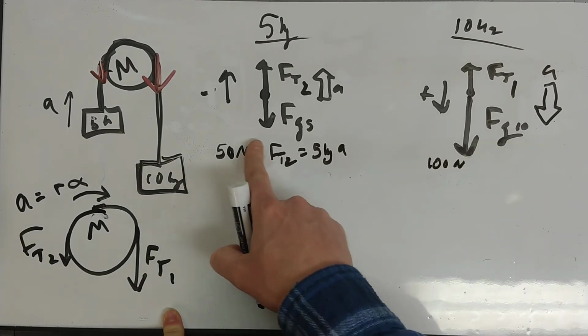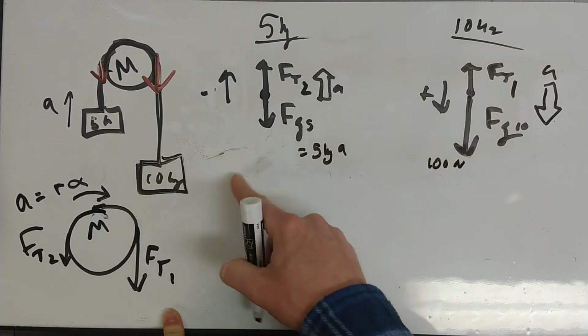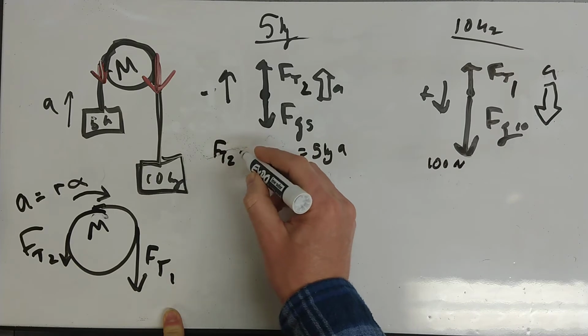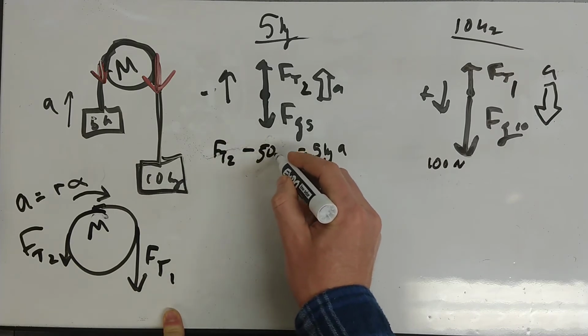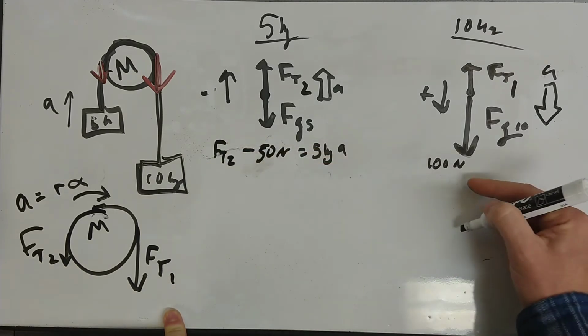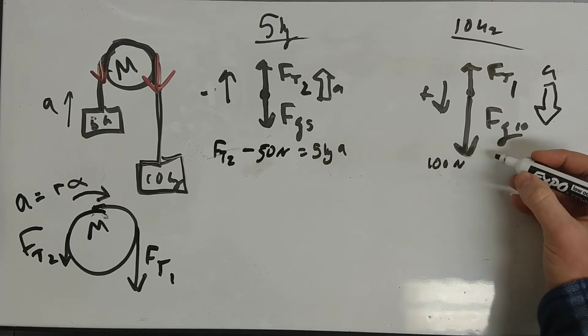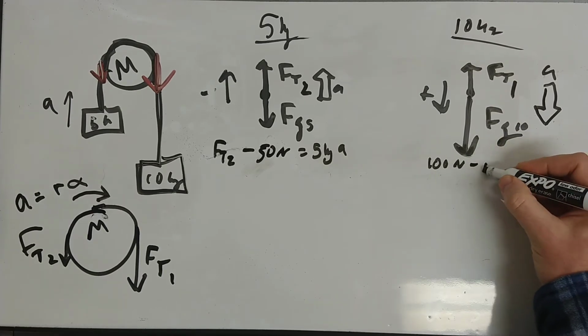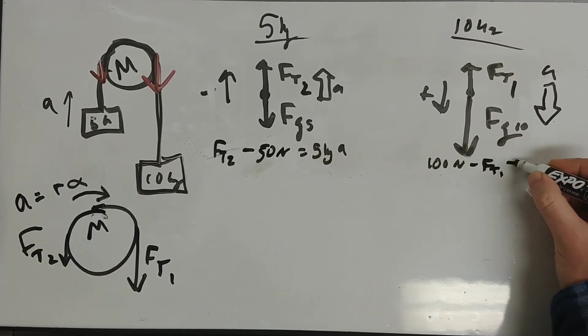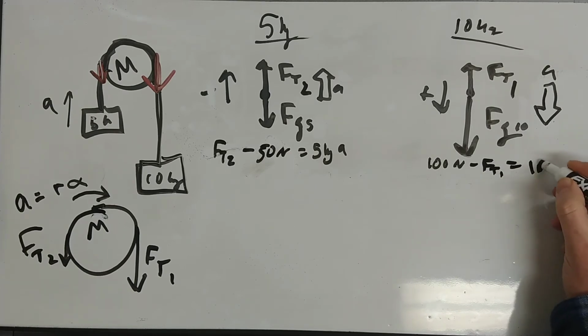Oops, I did that backwards, my bad. FT2 minus 50 newtons equals 5 kilograms times A. For this one here, we have 100 newtons minus FT1 equals 10 kilograms times A.